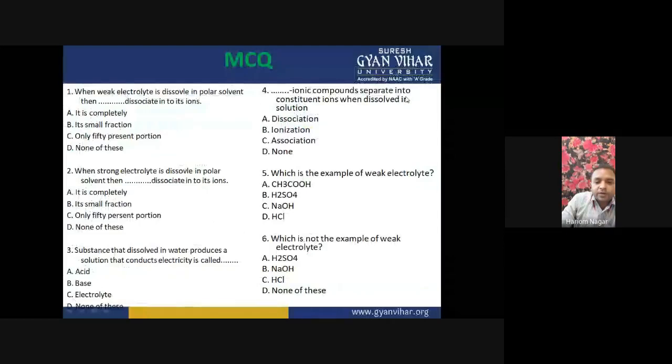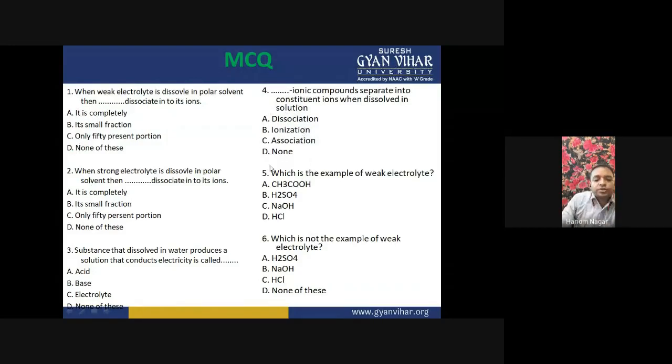Any compound separates into constituent ions when dissolved in solution. So which process is it? Dissociation, ionization, association, or none of these. It is dissociation, because in the process of dissociation, ionic compounds separate into their constituent ions when dissolved in the solution.